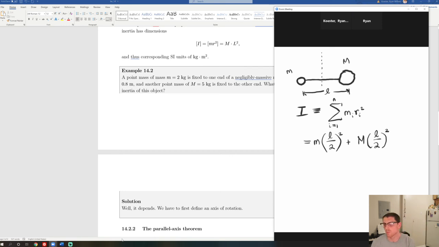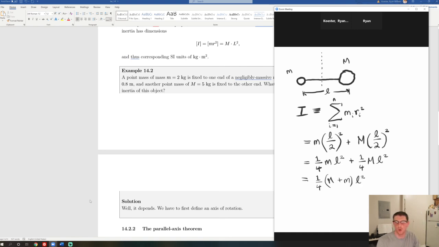So this is what we find, and we can simplify this. We can write something like 1/4 m L squared plus 1/4 big M L squared. And this just ends up looking like 1/4 (big M plus little m) L squared.